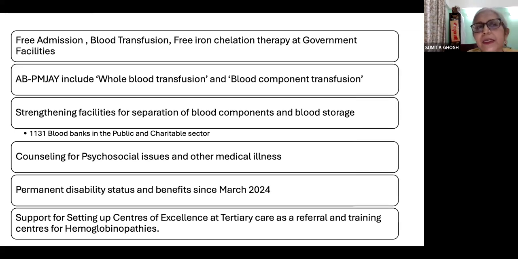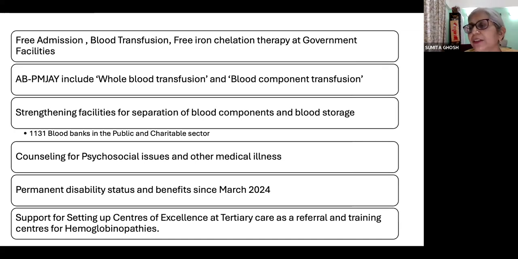Other things which are there: free admission for thalassemic patients, blood transfusion, iron chelation, even at district level, chelation therapy is kept. And during the sickle cell mission, it was discussed that depending on the load and how many medicines will be required, even the block level and sub-district level can indent from the district level.